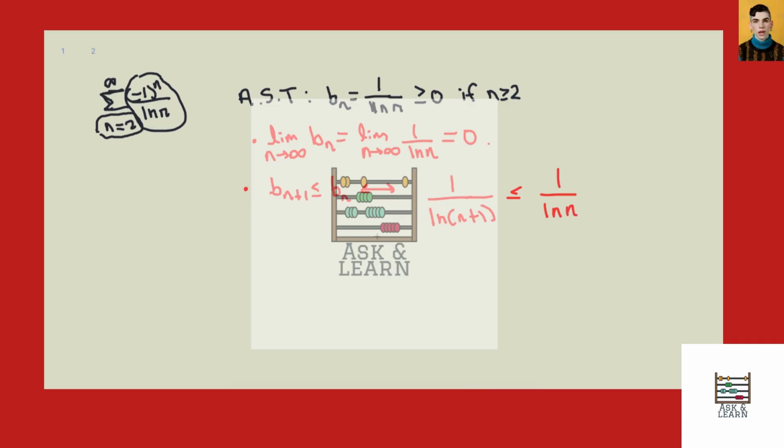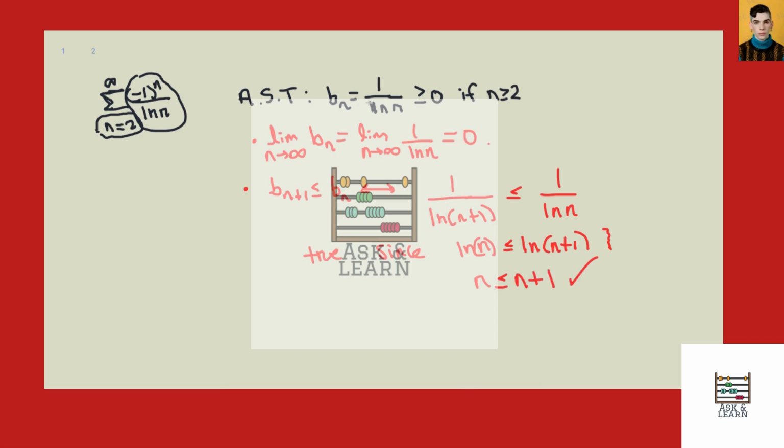And this is a true statement. Since we know that natural log of n is less than natural log of n plus 1. And if you're not convinced why this is true, you could exponentiate each side and you'll end up with this. And we definitely know this is true.